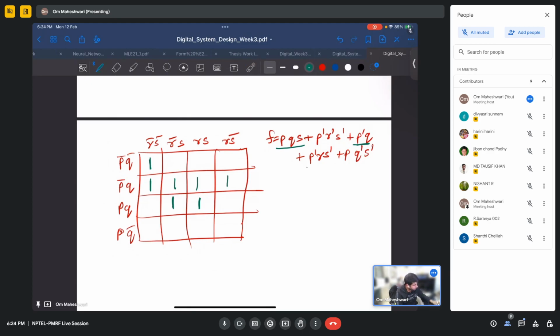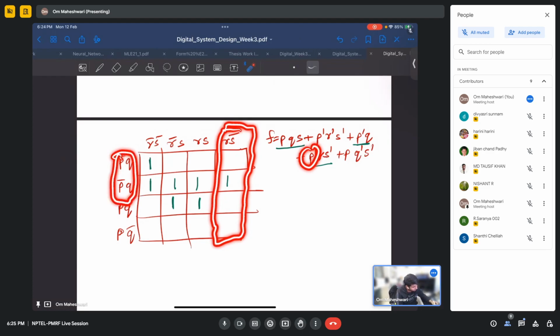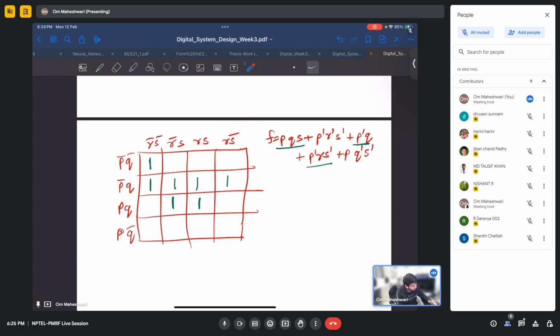Next we have P bar R S bar. R S bar is this row, this column, and then we have P bar, so P bar will be the top two. So these two will be 1. Next we have P Q bar S bar.